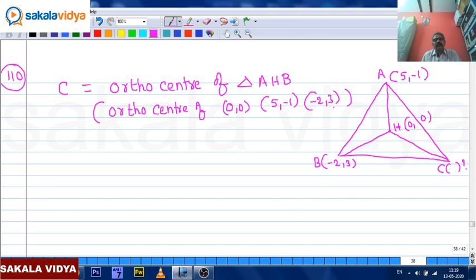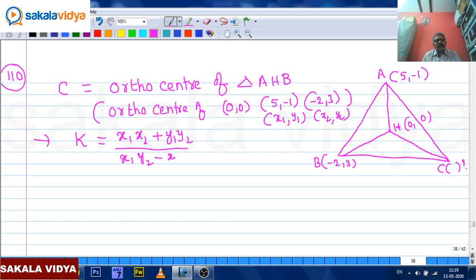We know the shortcut, we have discussed it. Say x1 comma y1, this is x2 comma y2. First find the k value. K is equal to x1 x2 plus y1 y2 by x1 y2 minus x2 y1.